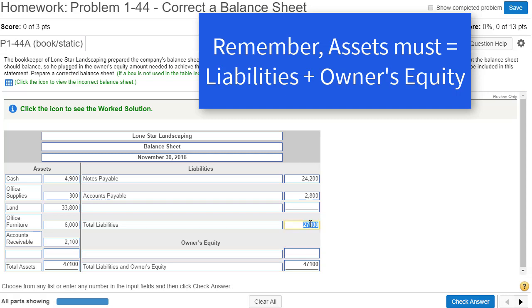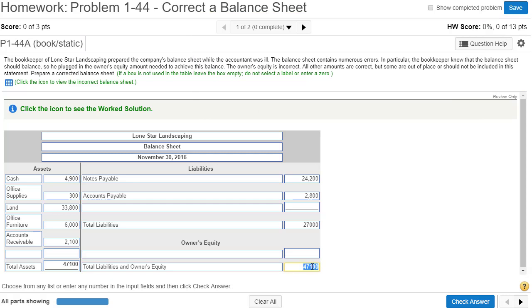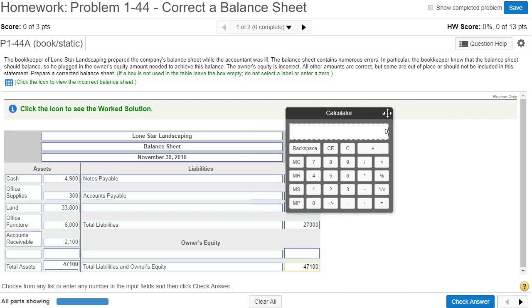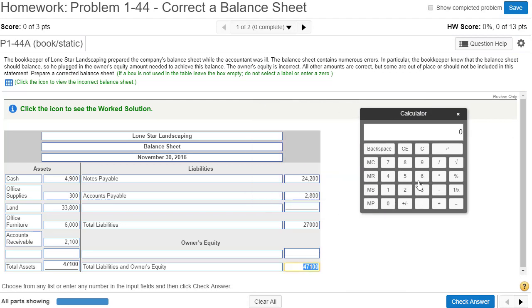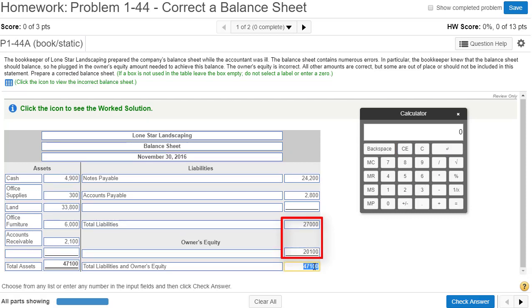So 27,000 plus what equals the 47,100? Well, we got to do math. We're going to subtract those two. So I'm going to take the 47,100 and subtract this total liabilities. Minus 27,000 gives us 20,100. Now in a test situation, you should double check your work. Let's add this and double check to see if it adds up to 47,100.